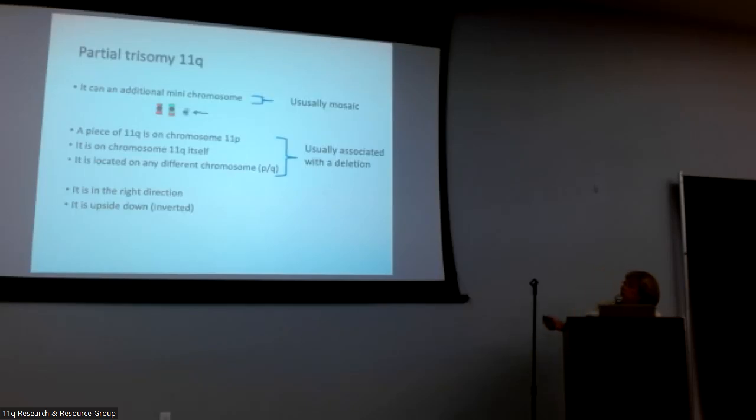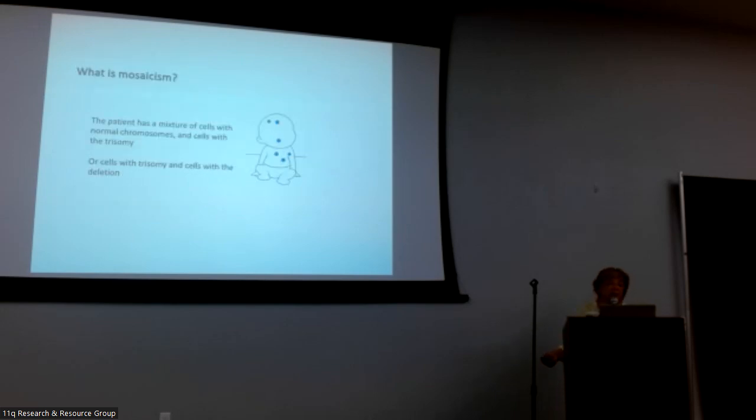If it's a mini chromosome, could be mosaic, so the phenotype would be changing according to the amount of abnormal cells. If there is an additional imbalance, as in this case, it is usually associated to a deletion of another chromosome, there is a phenotype due to the chromosome that is deleted.